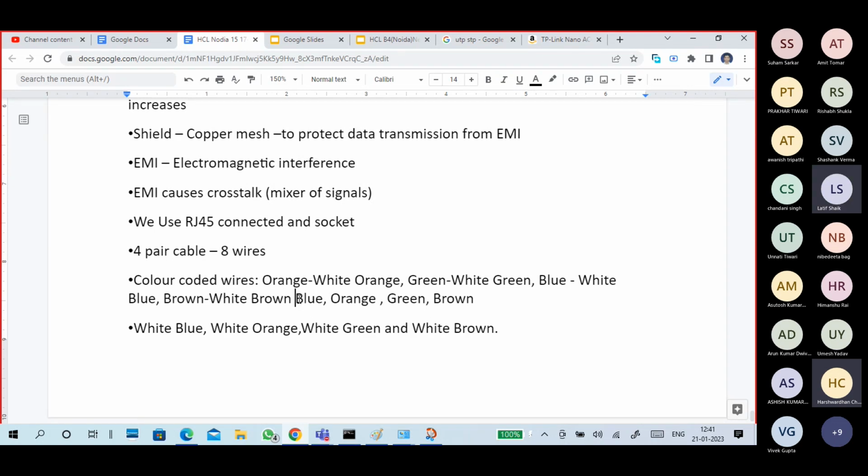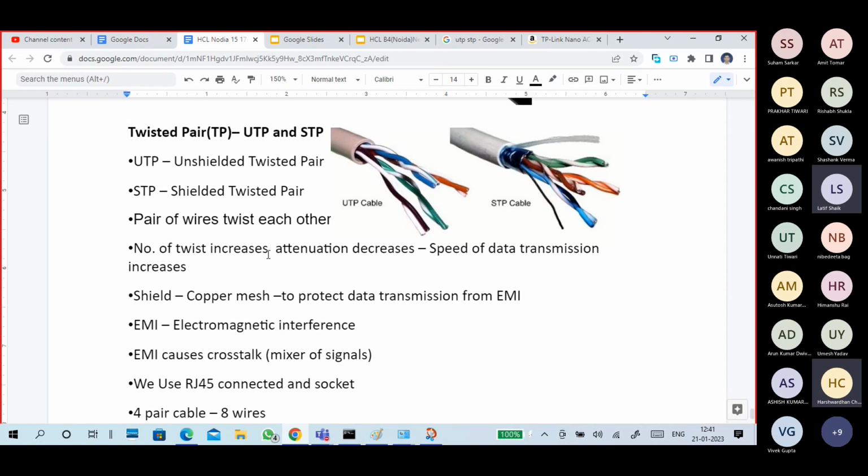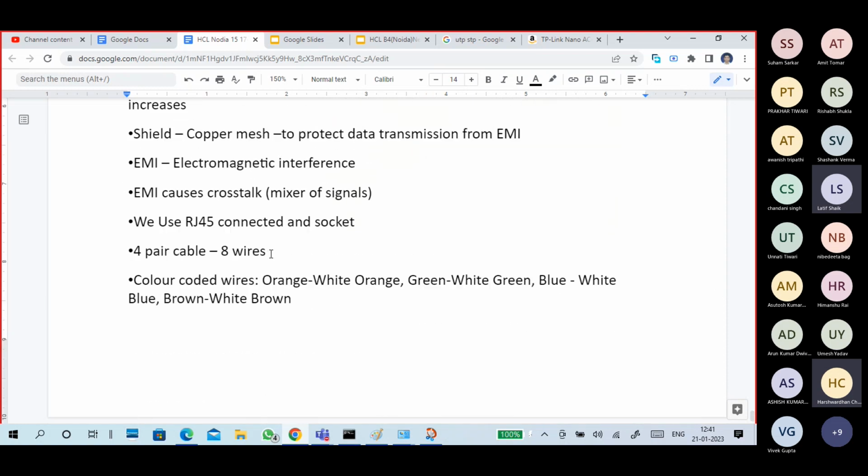So like this, these are all color coded. Totally we have 8 wires and we call it a 4-pair cable. In our cable, we see UTP, STP. To connect these cables in the network, we are using the RJ45 connector.